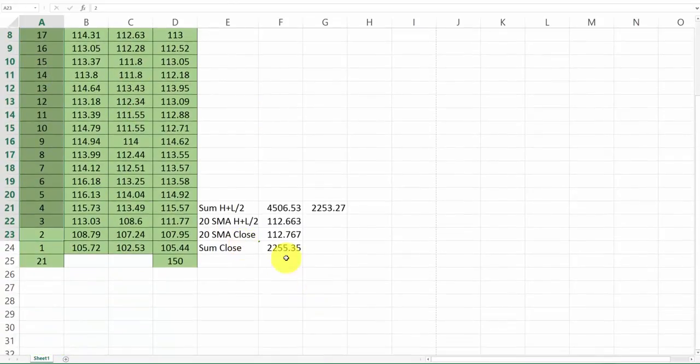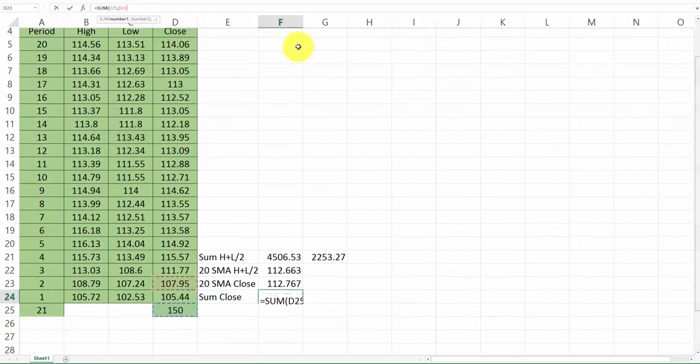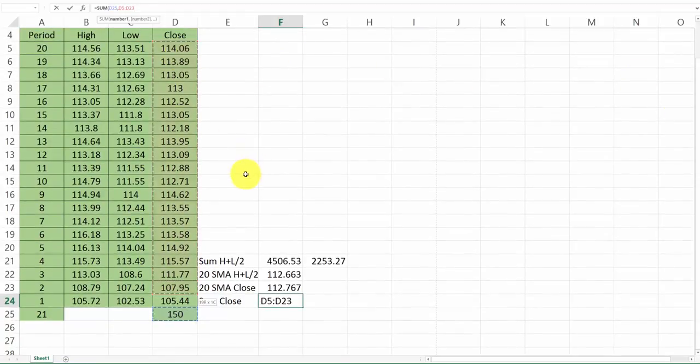All right, so we would have to take the sum of these values, and that would ignore the first day, skip right on over to this guy.